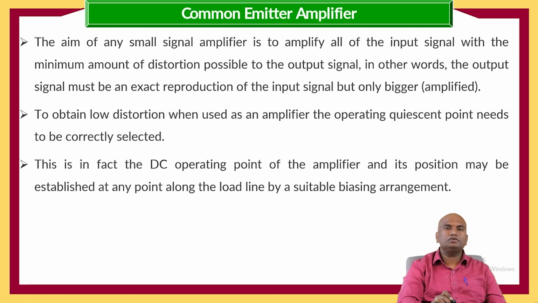So we have to choose the operating point such that we are going to get less distortions. And this is in fact the DC operating point of the amplifier, and its position may be established at any point along the load line by a suitable biasing arrangement.